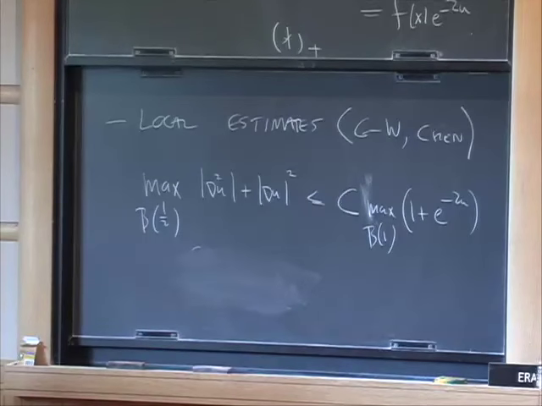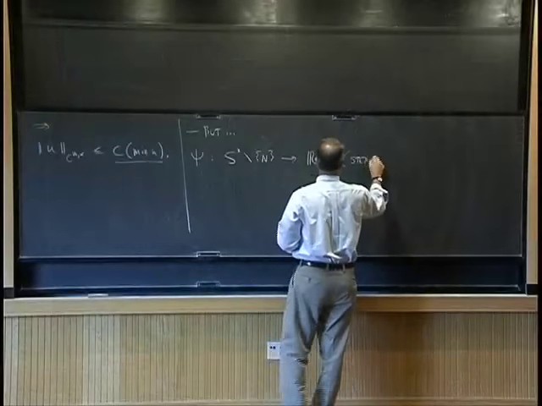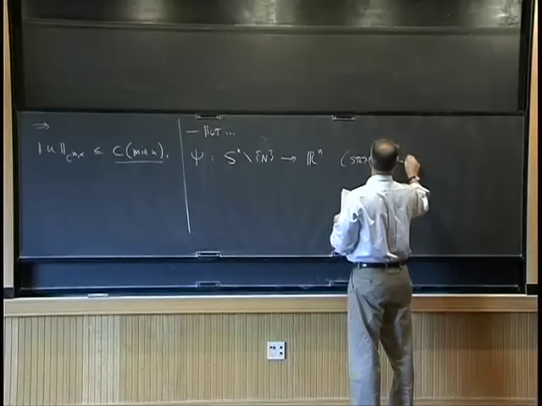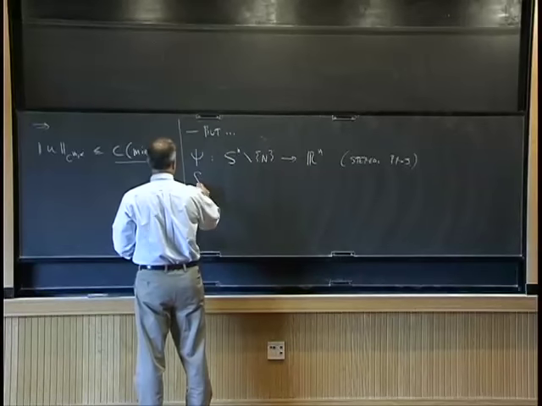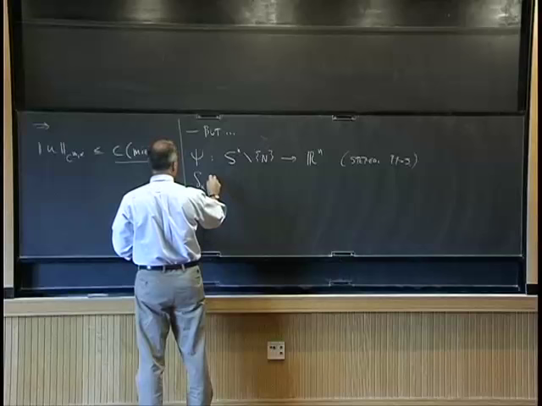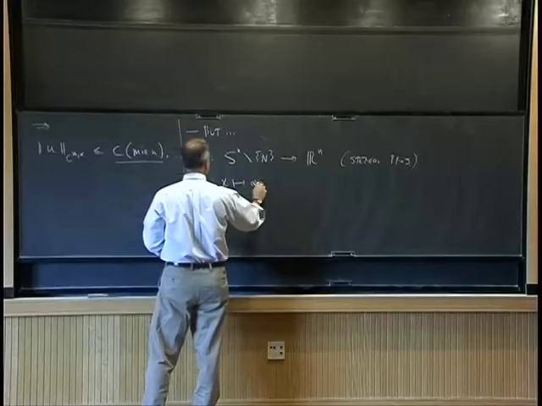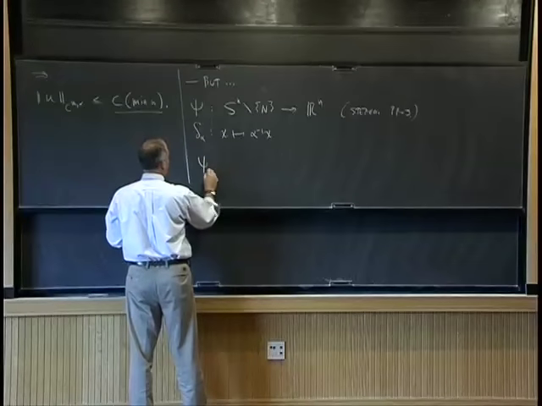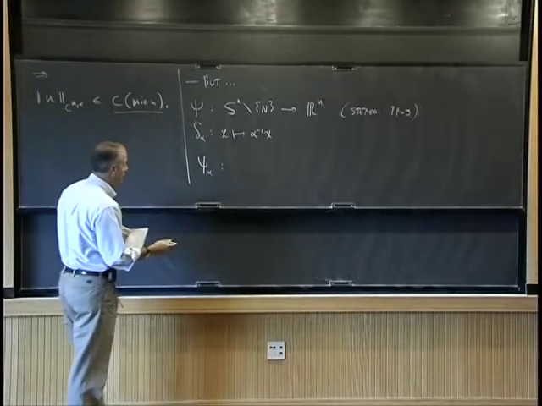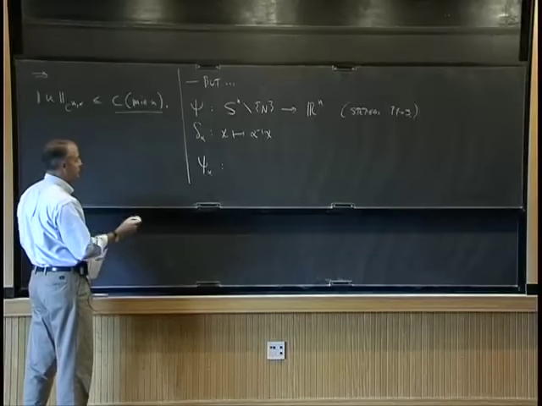So you have the map given by stereographic projection, say from the sphere minus the North Pole to Rn. This is stereographic projection. And you consider on Rn the dilation map, so the map which sends x to alpha inverse x. This allows you to define a whole one-parameter family of diffeomorphisms of the sphere, which turn out to be conformal.